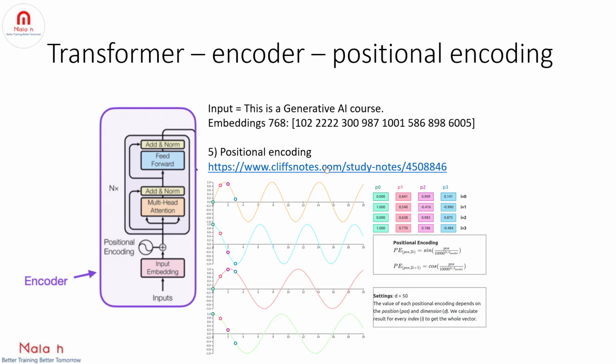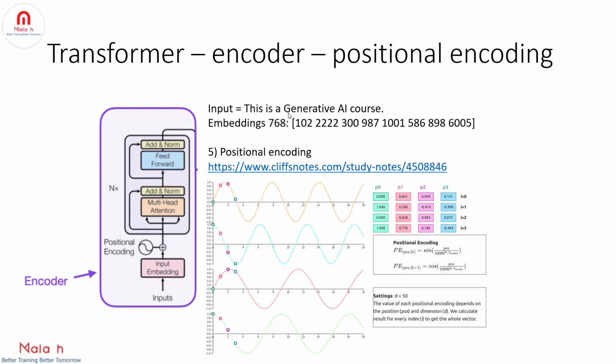We need some function which can generate a continuous index or continuous number, right? That is, the 0th index stands for CLS, the first index stands for this, and the second index stands for is, etc., right? And if the index repeats, then we will be confused, right? So the index should not be repeated and each token should have a unique index.